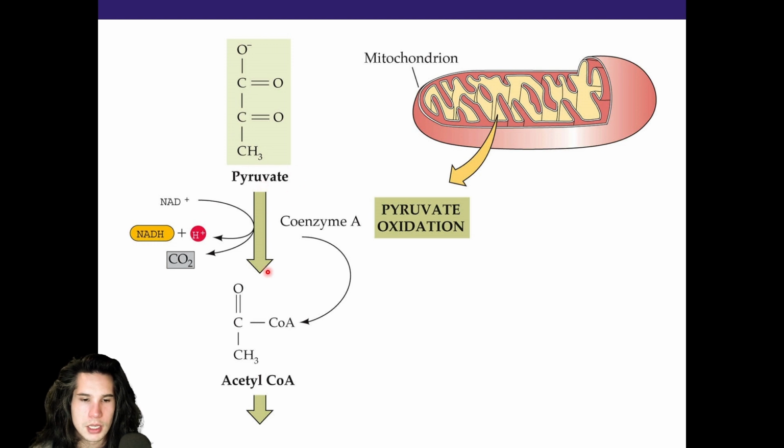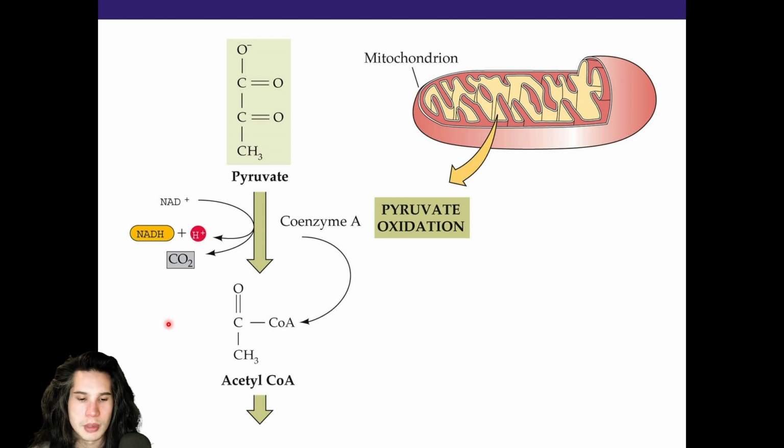Undergoing pyruvate oxidation, you're going from this 3-carbon molecule to a 2-carbon molecule, and then you bind that to coenzyme A, forming acetyl-CoA. Now what also goes into it is NAD+, which then receives electrons and a hydrogen, forming NADH, and that carbon from your pyruvate molecule is lost in the form of CO2.